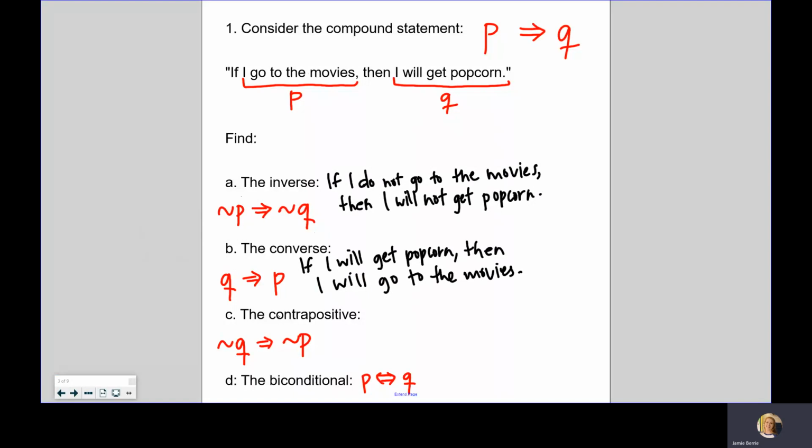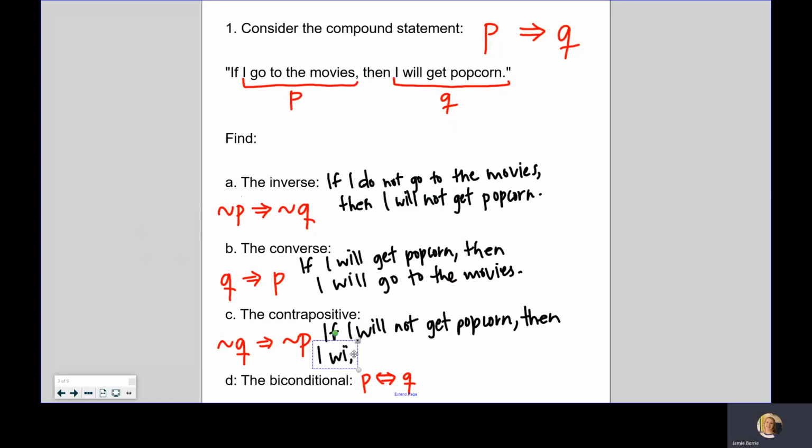Period. All right, contrapositive is sort of like the combination of these two. So we're going to flip the order and we're going to negate both statements. So if not Q, if I will not get popcorn, then I will not go to the movies.